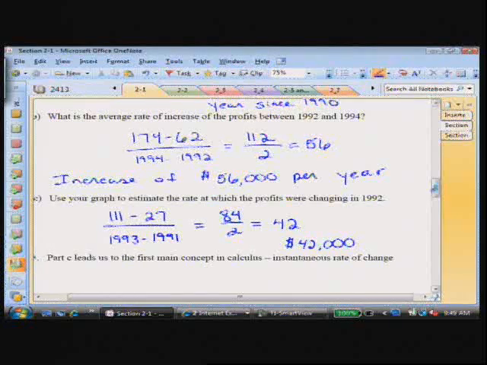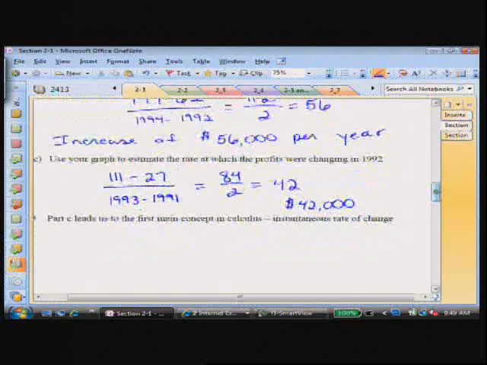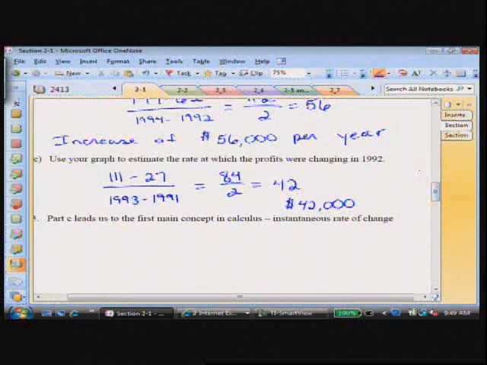Okay? And so this part C leads us to the first main concept in calculus, what we call the instantaneous rate of change. If you make that interval small enough, you can figure out what is happening at a particular instant. From an engineering and physics perspective, when you are observing a projectile or a planet's motion in space, what you can actually see is what's happening at the instant.